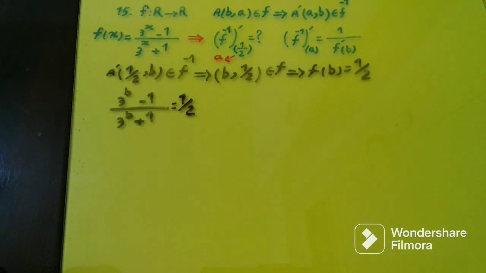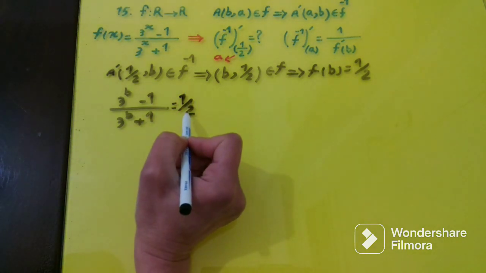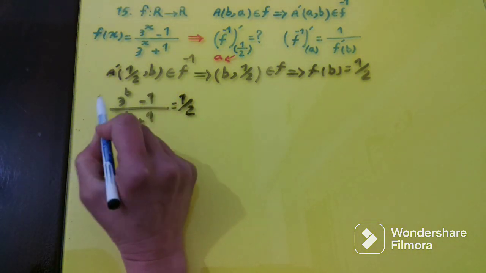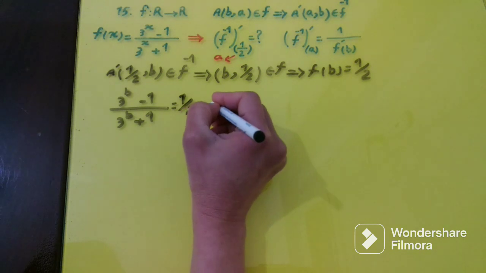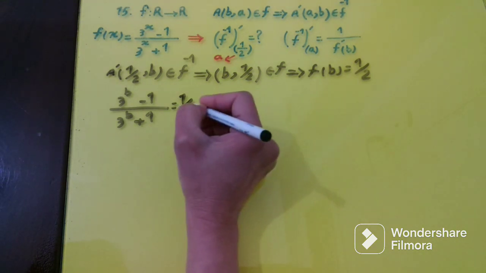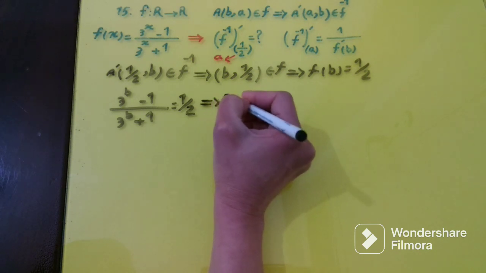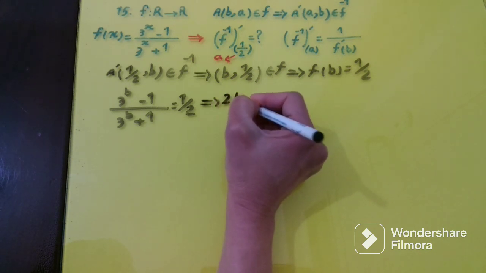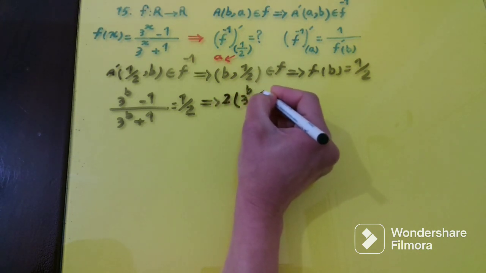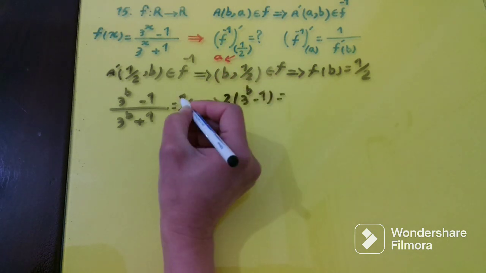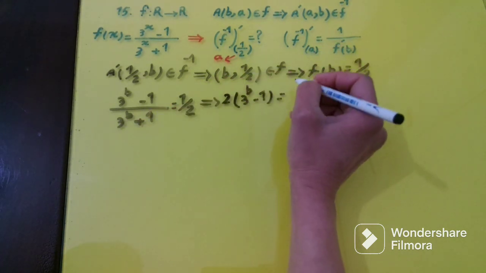For solving this equation, you should multiply 2 in this term and 1 in this term.